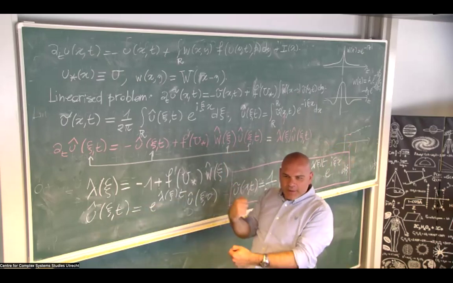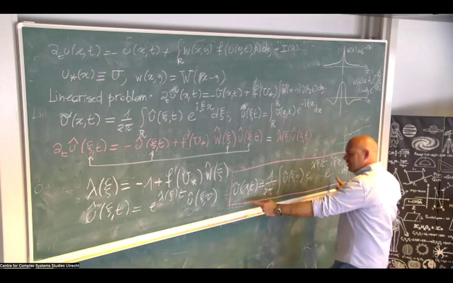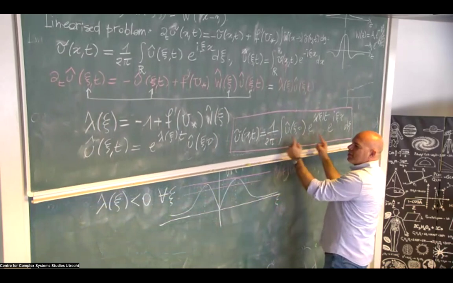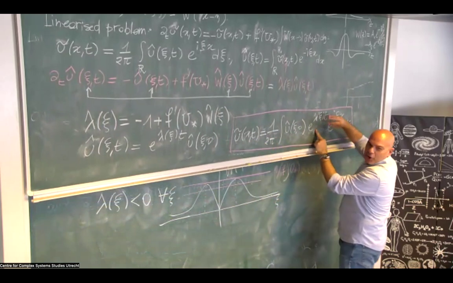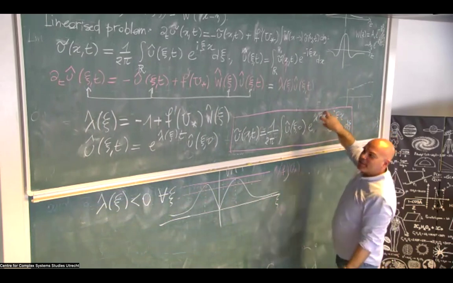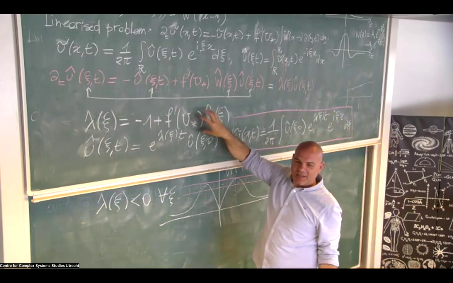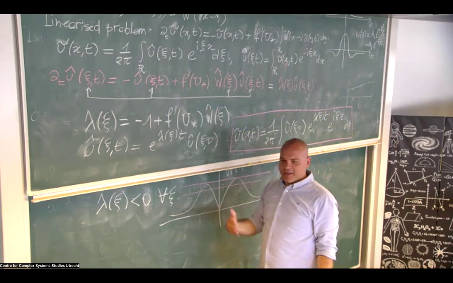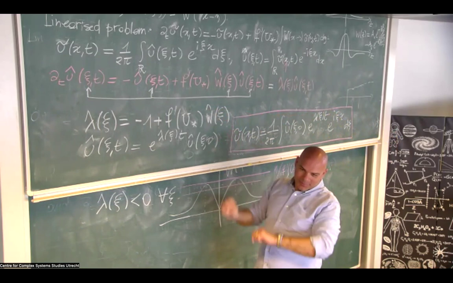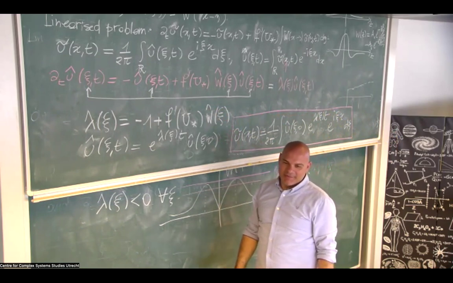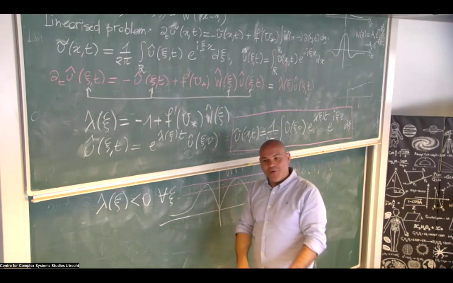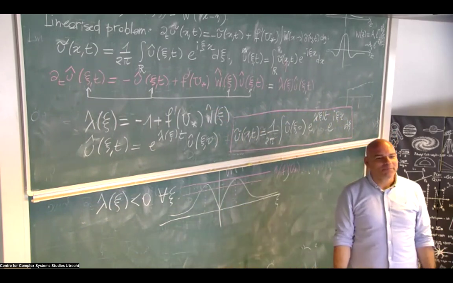And then I took the lift back, wrote it like that. And then I said, oh, what does this thing tell me? It tells me that I can blow up or not, depending on lambda of xi. And this lambda of xi I can study. As soon as lambda hits certain conditions, I blow up. Sorry, this might perhaps not be very clear, but I'm very happy to go through it again in the tutorial.